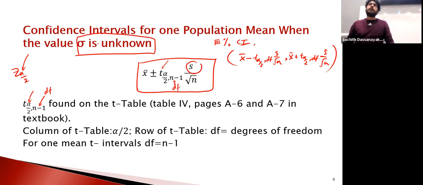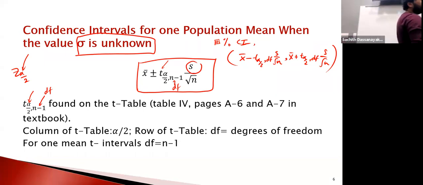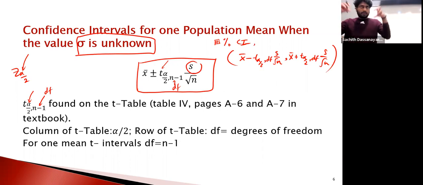This is a real life situation. I told you the first part, 8.2, is the sigma known case. Most of the time that is only for this class, not in real life. But this one is possible in your real life scenarios.